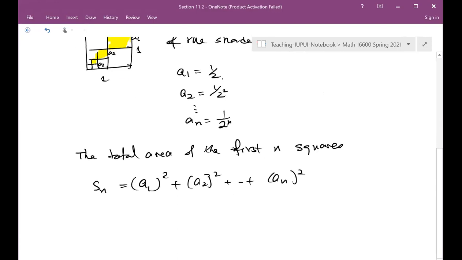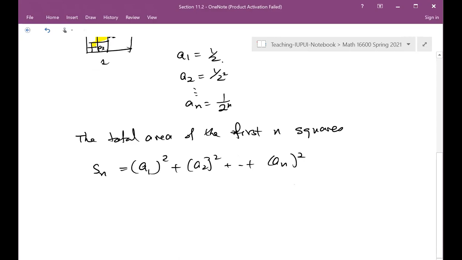So the students have to figure out the limit of this Sn, because you want to get the total area for these infinitely many squares. You have to make n as large as possible. So they have to know the concept of limit. But I saw this problem on a math contest for middle school students.